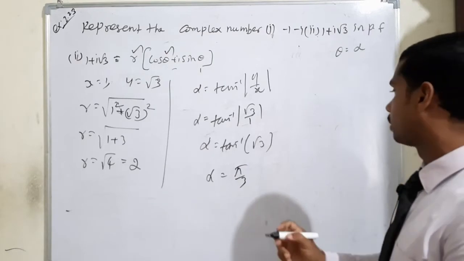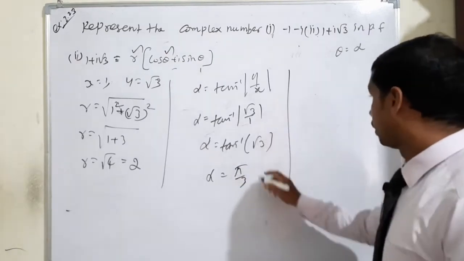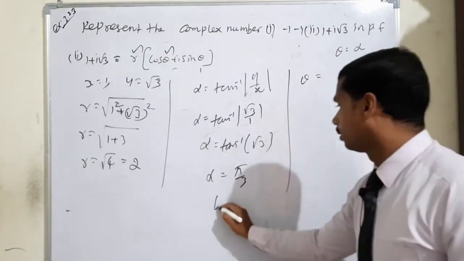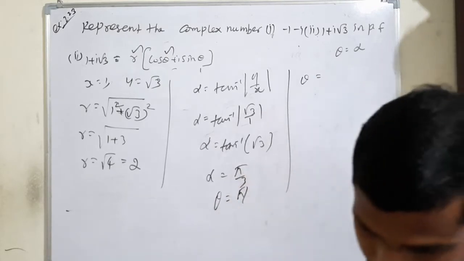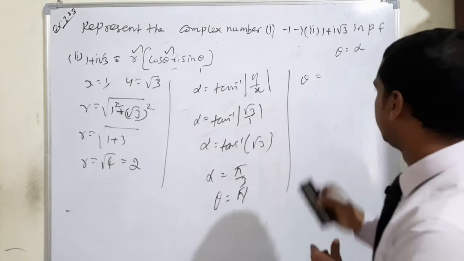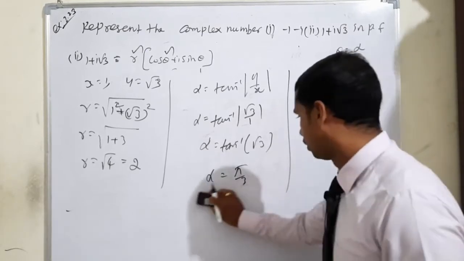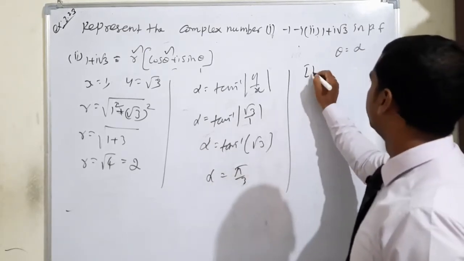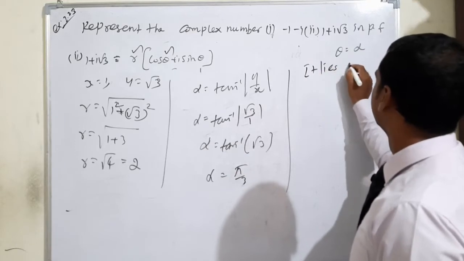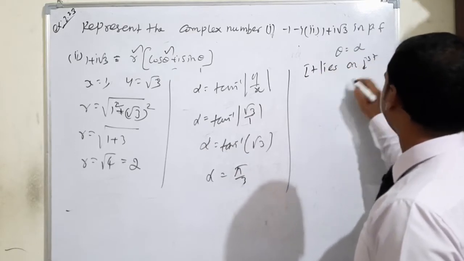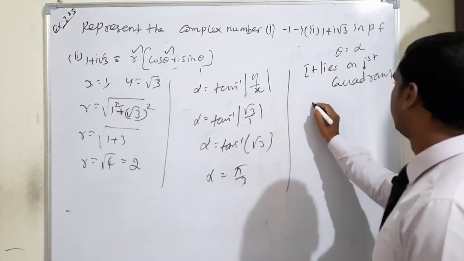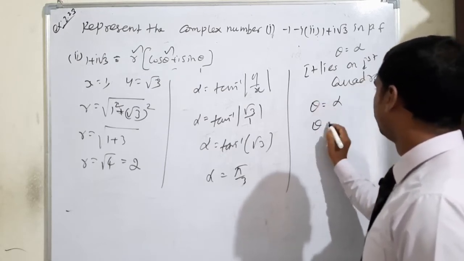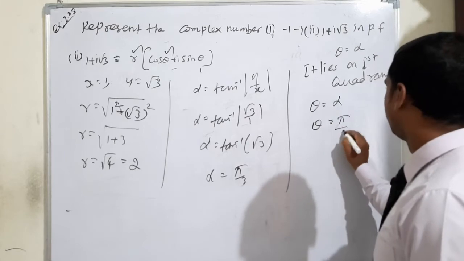So, theta is equal to alpha, since it lies in the first quadrant. So, theta is equal to pi by 3, isn't it?